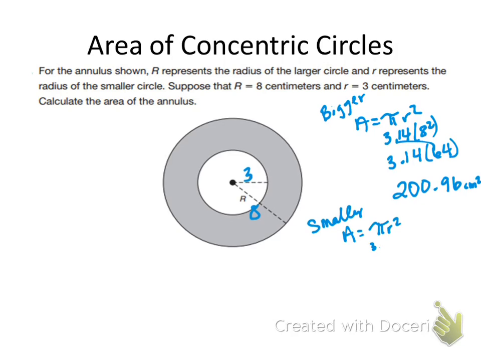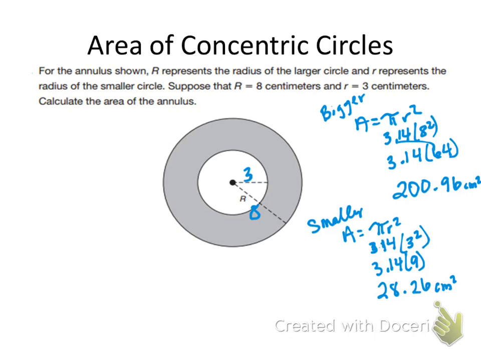So I still have 3.14 times, and this radius is 3, and I need to square it. So 3.14, 3 squared is 9. So the area of this smaller circle is going to be 28.26 centimeters squared.